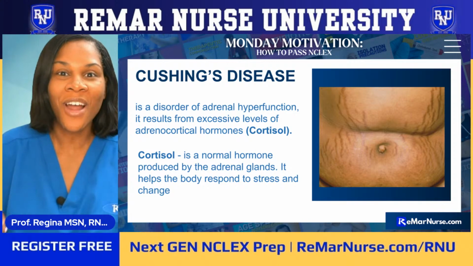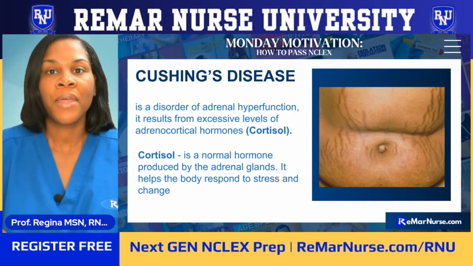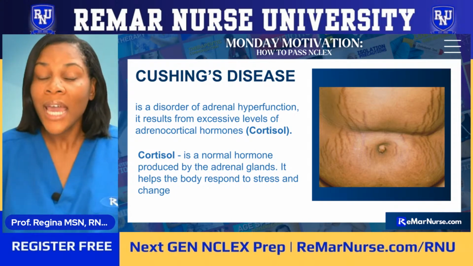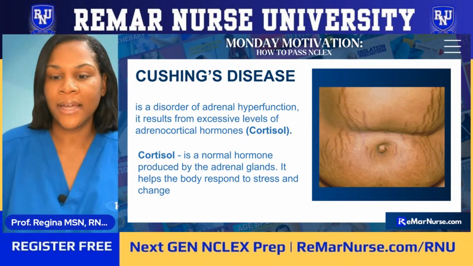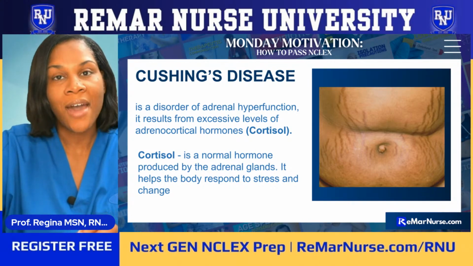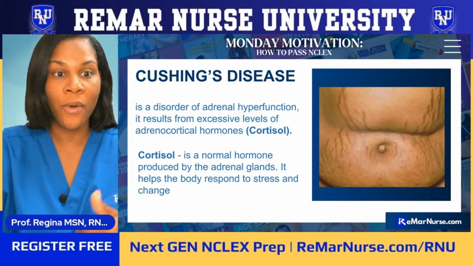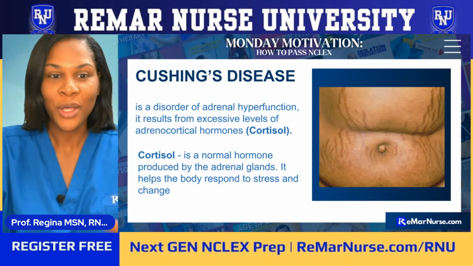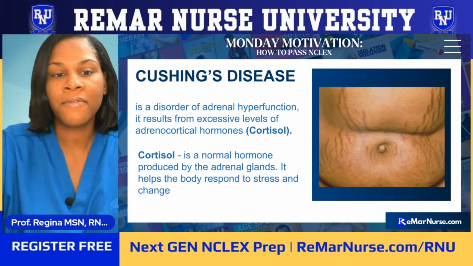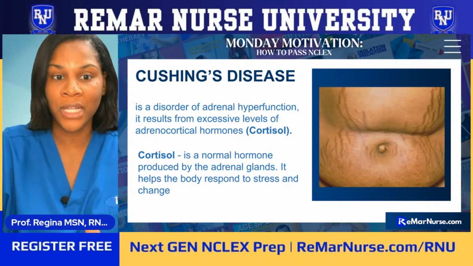Very good. They are located on top of the kidneys, and they are communicated with by the pituitary gland, right? And so when we have an issue called Cushing's disease, we have a disorder of hyperfunction. We know hyper means too much, and the adrenal glands are putting out too much of the adrenocortical hormone, or cortisol specifically.